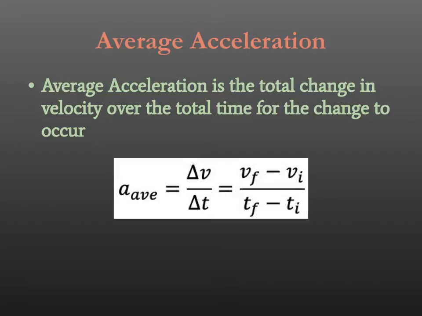When we talked about average velocity, perhaps you'll recall that the average velocity was the total change in position over the total change in time, or xf minus xi over tf minus ti. So similarly, our average acceleration is the total change in velocity over the total time.